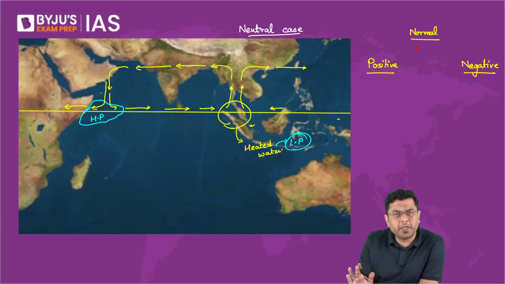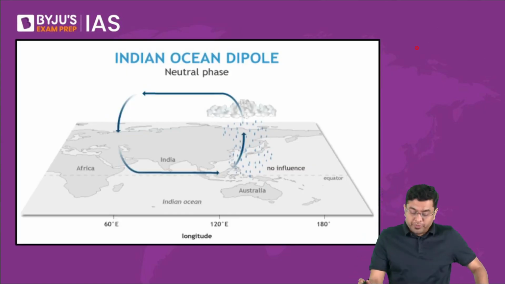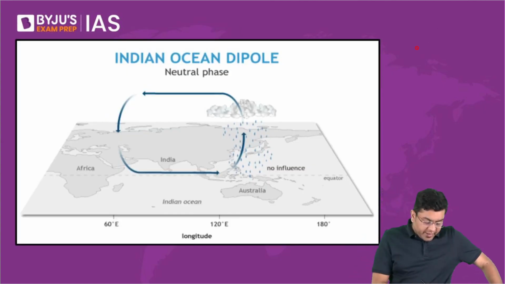Normal, or the neutral case, why it is associated with less or more rainfall, we will study tomorrow. But the normal case is associated with lesser than average rainfall in India during the monsoon season. So this is your neutral phase. This is where you have low pressure in the region of the Eastern Indian Ocean, and high pressure due to upwelling in the Western Indian Ocean.